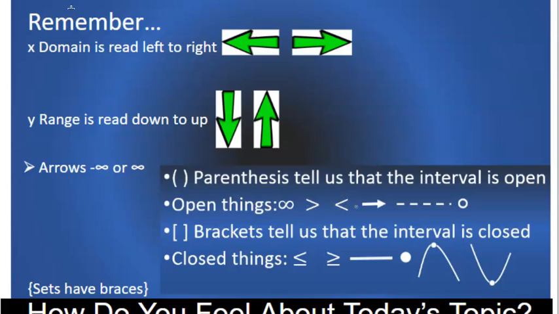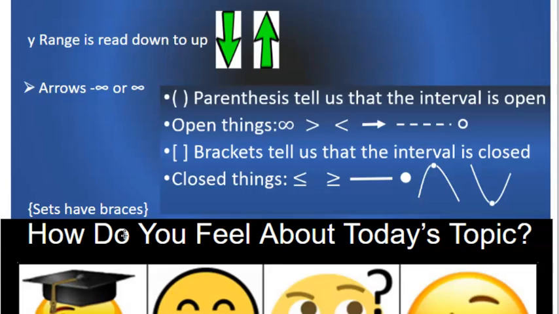You also could have inequality symbols without lines on them. Dashed lines, holes, and arrows are all open things. Brackets tell us that the interval is closed. We also can have less than or equal to, greater than or equal to, solid lines, points, and vertices. And sets have braces. Those are for discrete values for the most part.